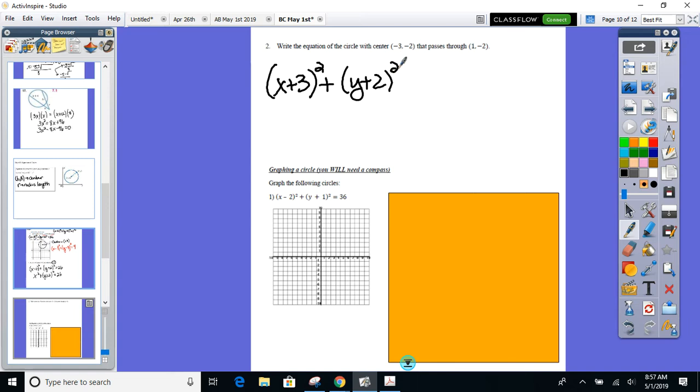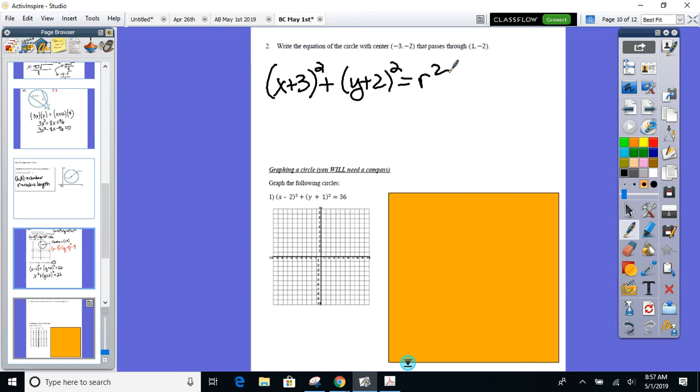Like it a lot, and then all of a sudden, we don't have the radius to square. But I do know what? What does that 1, -2 stand for? That's a point on the circle that it goes through.